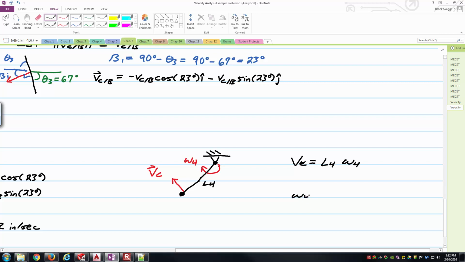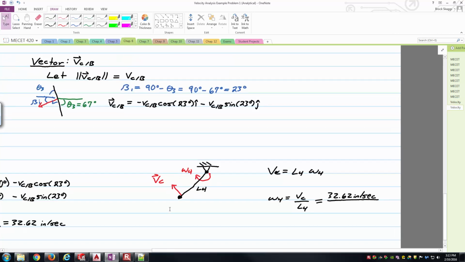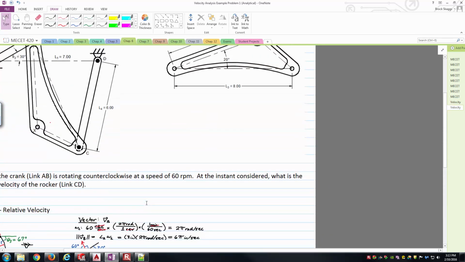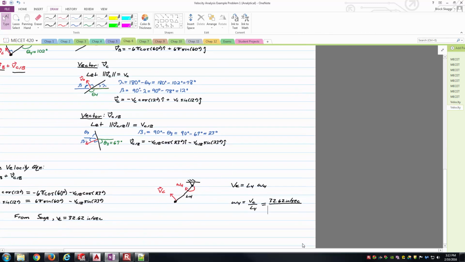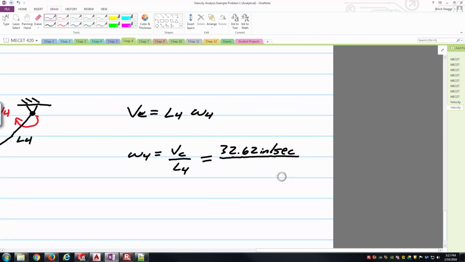And so we can say omega 4 is equal to VC over L4, and VC was our 32.62 inches per second. And L4 is up at the top here, 6 inches. So this over 6 inches.